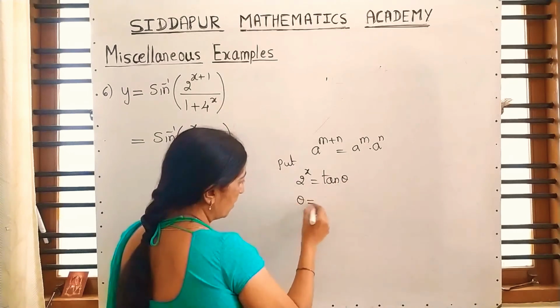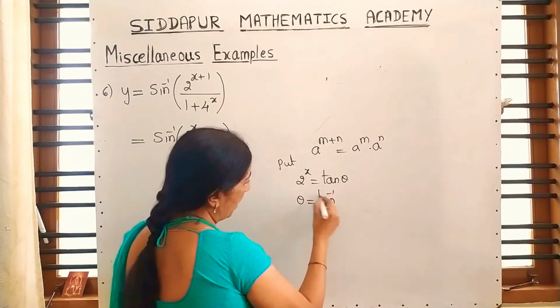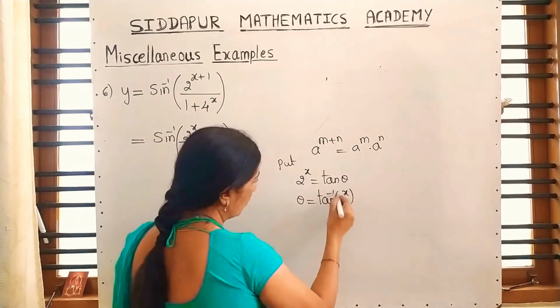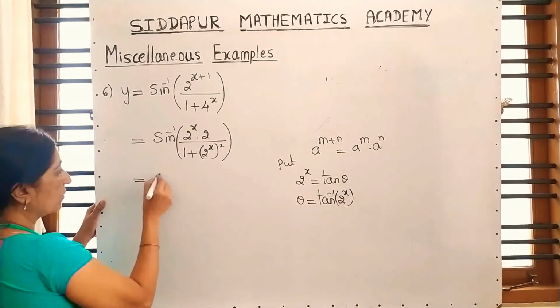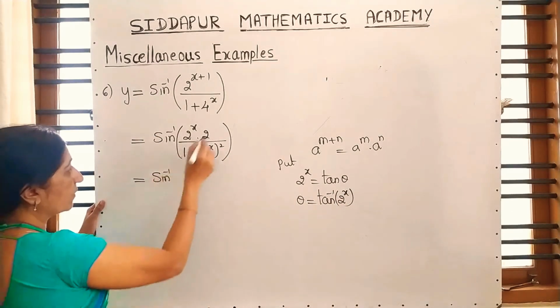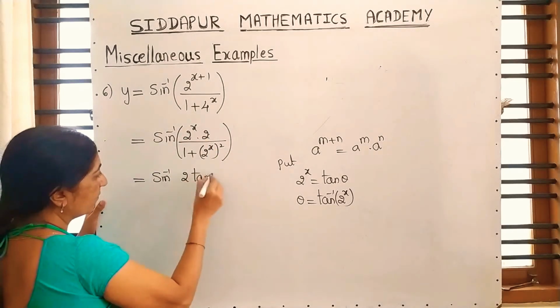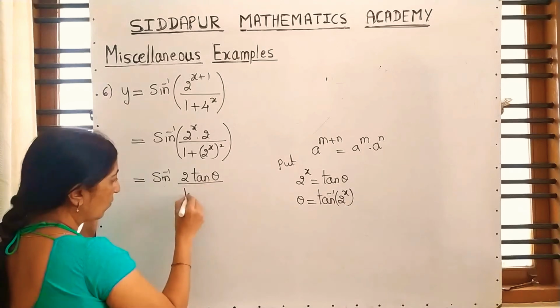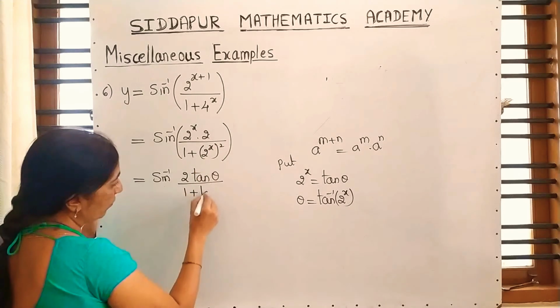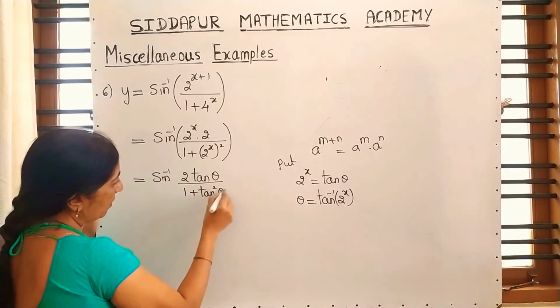What is theta? Theta will be tan inverse 2 raised to x. So this is sin inverse, this 2 as it is, 2 raised to x is tan theta, divided by 1 plus 2 raised to x whole square, which is tan square theta.